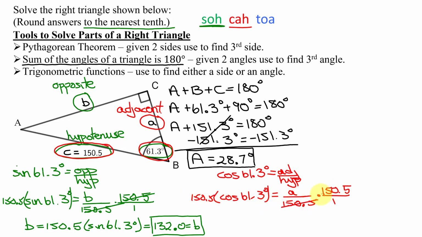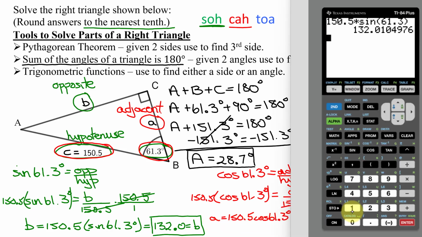Now these two reduce, and I get left with A equals 150.5 times the cosine of 61.3 degrees. Now putting this in the calculator, 150.5 times the cosine of 61.3, close parentheses, hit enter.